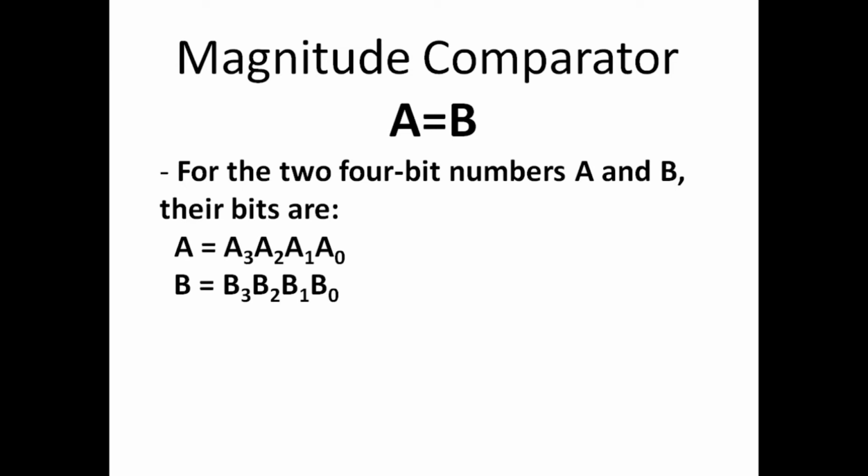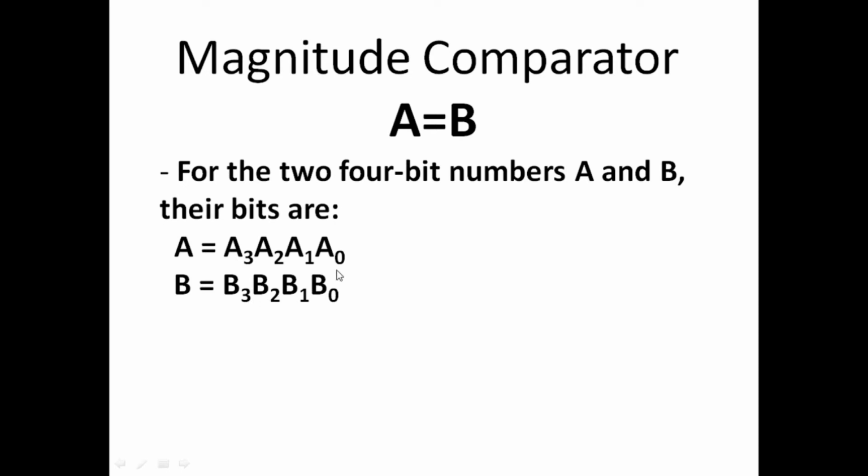For example, we want to compare two 4-bit numbers. Then A is a 4-bit number and B is also a 4-bit number. The 4 bits of these two numbers would be designated as A0, A1, A2 and A3. Similarly, the 4 bits of the other number B are B0, B1, B2 and B3.